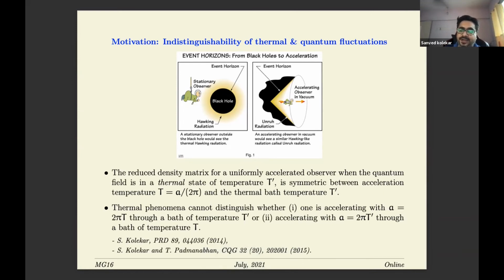If you look at the reduced density matrix, and in this particular case, if we start with actual pure thermal fluctuations by starting with this particular thermal bath with temperature T prime, then you have basically two effects. You do have the thermal density matrix, which is a thermal bath, defined on top of the Minkowski vacuum state. And then you ask what happens to the accelerated observer.